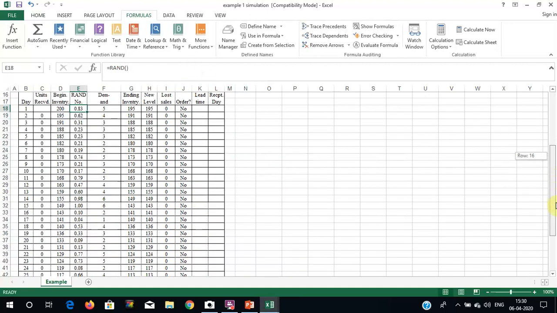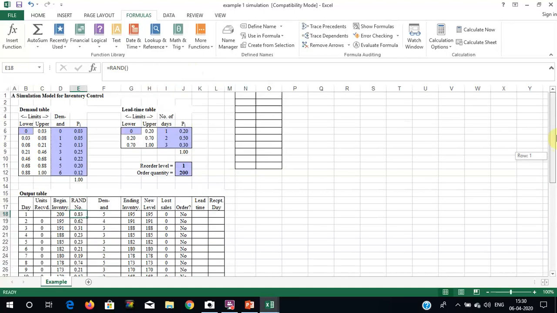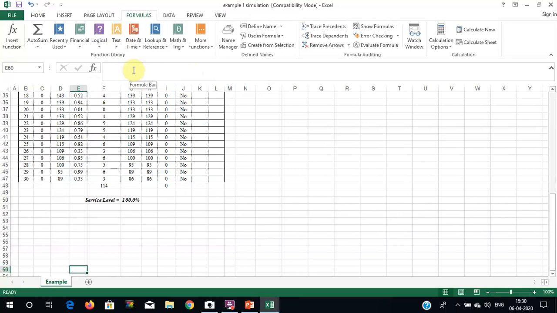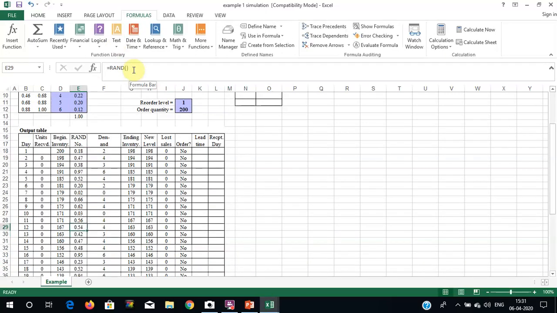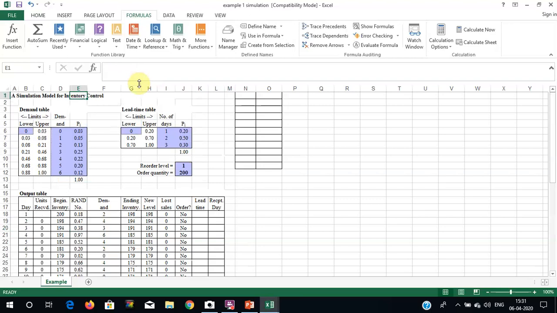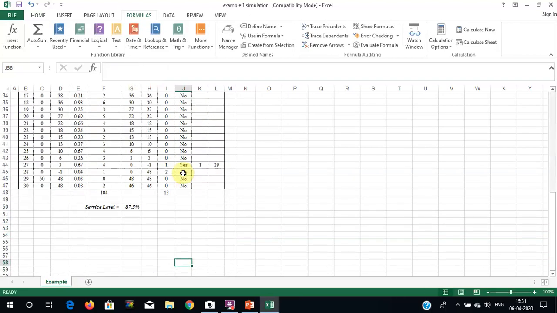Let's see. You can see our service level, which is again, because of 30 days, a little bit too much to order. Let's say this is 50, just for the sake of illustration.